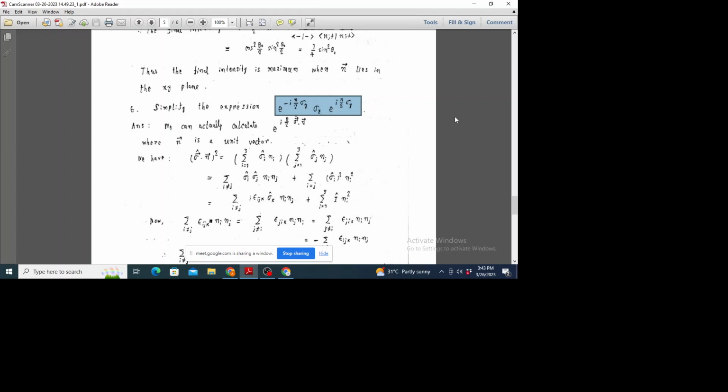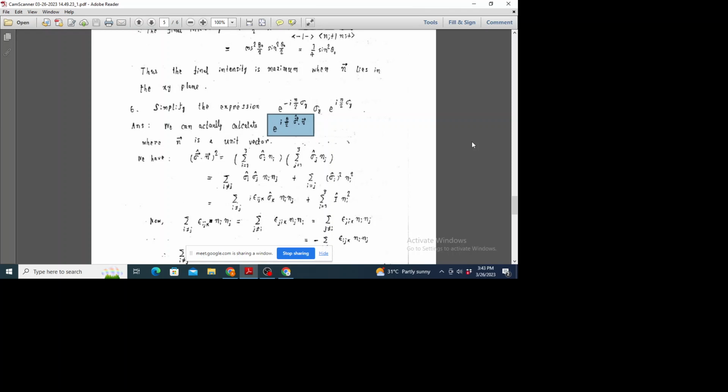So this is the rotation operator in quantum mechanics. If it acts on a state, a spin half state actually, it rotates the state by an angle.